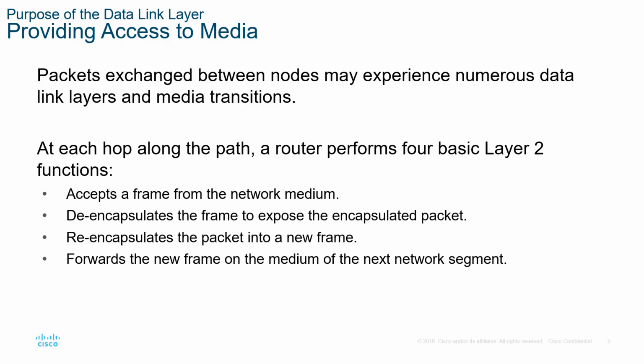At each layer 3 hop, all frames are stripped away after being reviewed, and we'll be looking at layer 3 packet headers. Again, layer 2 is more between nodes on a LAN, and layer 3 is more one node leaving one network and going to another network.